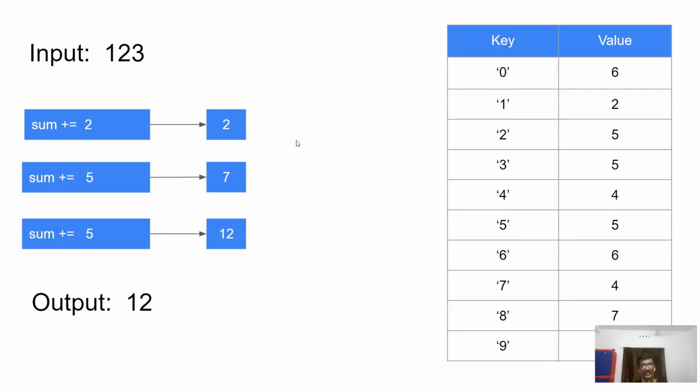Then in the next iteration, a value of 5 is added to sum as the character in the first index is 2 and its corresponding value is 5. Similarly, another 5 is added to sum, and then the loop exits and the value of 12 is printed.